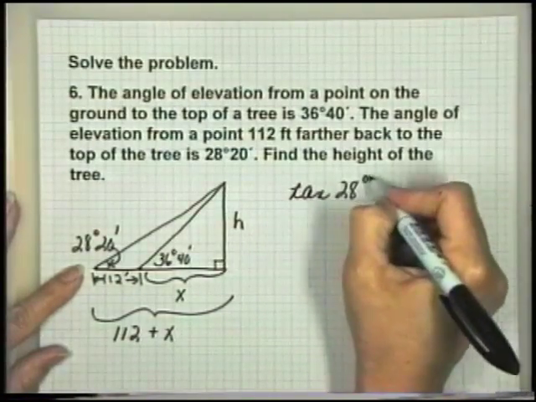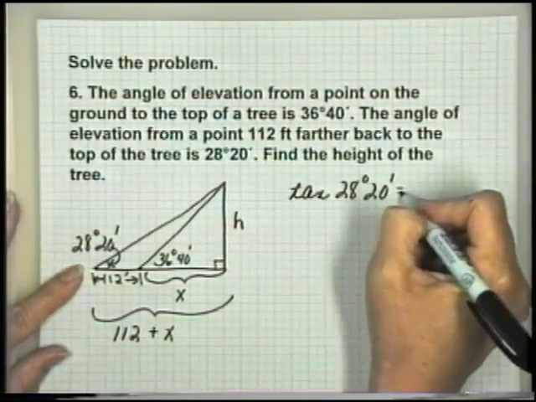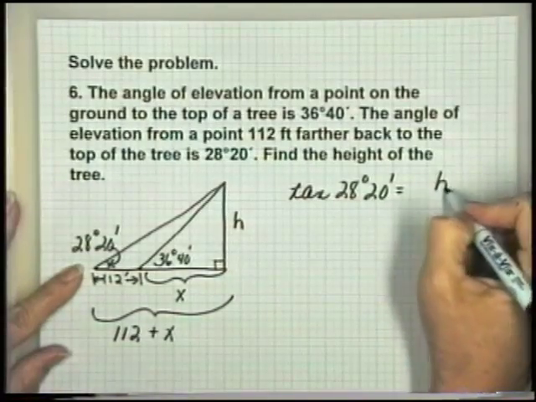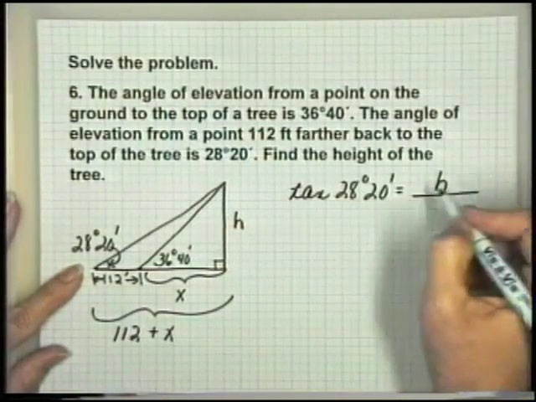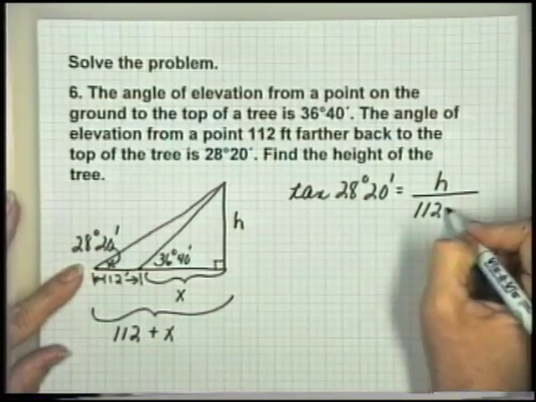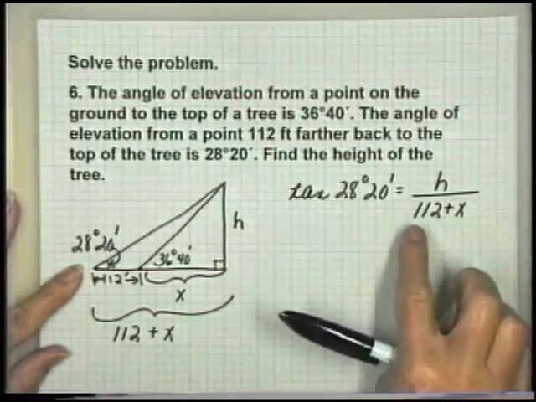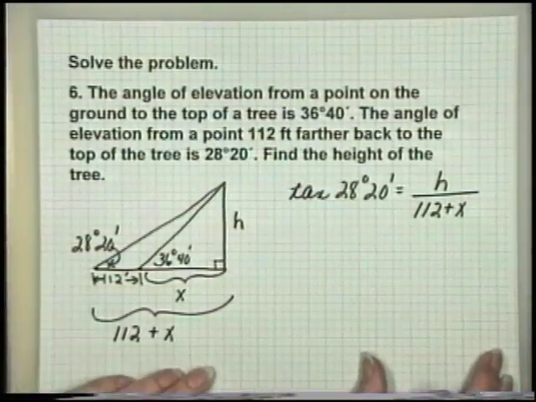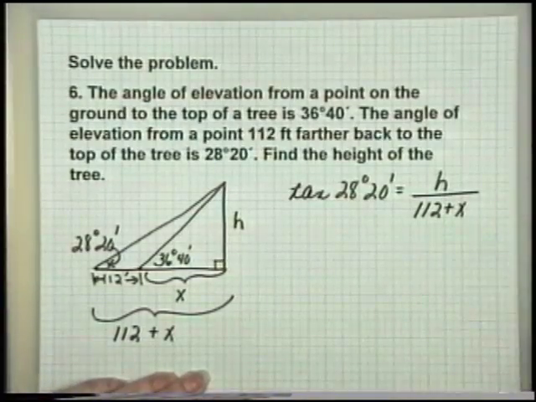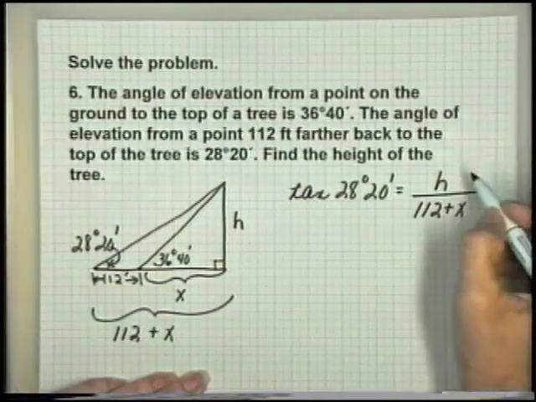So we can say that the tangent of 28 degrees, 20 minutes, equals the length of the opposite leg, which is h, divided by the length of the adjacent leg, which in this case is 112 plus x.